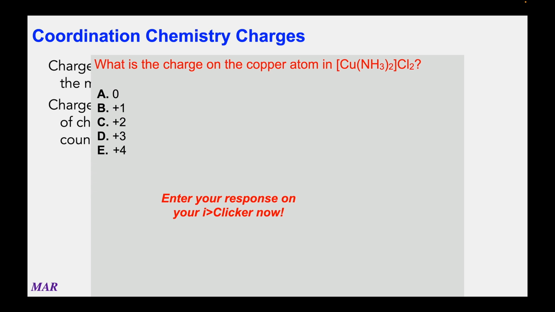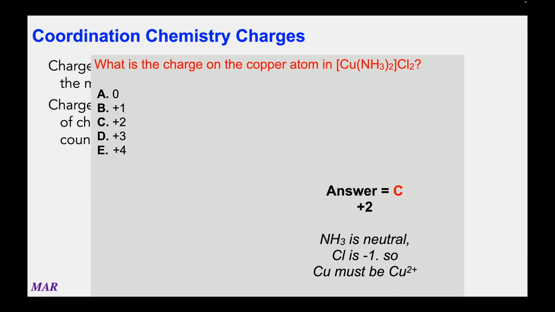And remember, chloride, like bromide and iodide and all those, is -1. So 2 times -1 would be -2, but the overall compound doesn't have a charge. Like there's no positives or negatives in that thing. So that means this copper must be a +2. It's a +2 because it balances the two -1 chlorides. Ammonia is neutral. This is a copper 2+ compound, which is kind of cool.